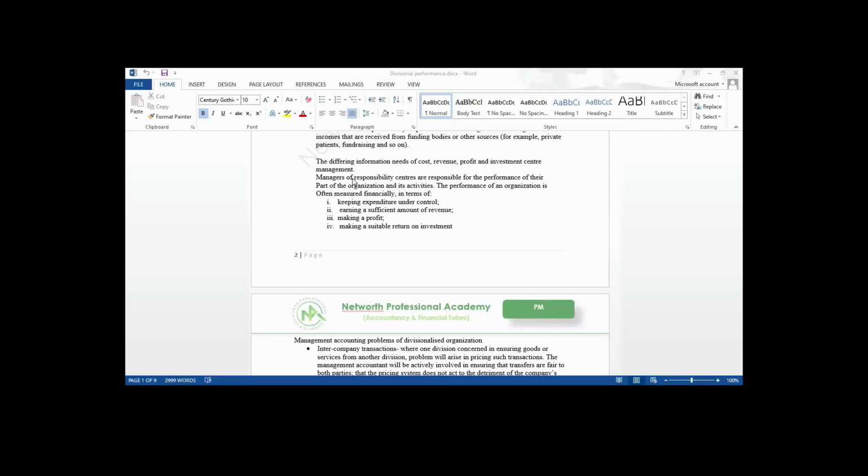For a profit center, you want to ensure that you make sufficient profit for your division. Then for an investment center, they must ensure that a suitable return on investment is achieved.